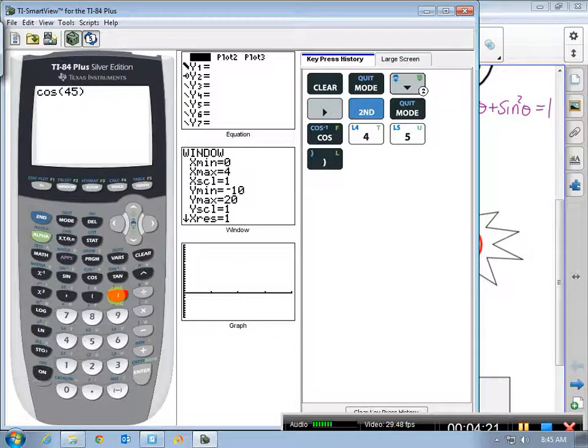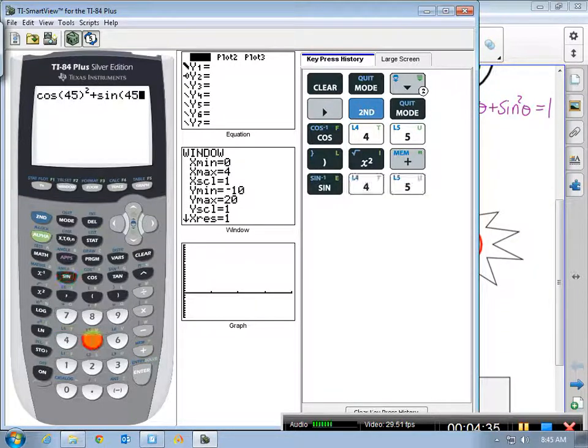Close your parentheses, and then square it. So we're doing cosine of 45, all squared, plus sine of 45 squared. Close that angle parentheses, then square it. And you should see 1. So cosine squared theta plus sine squared theta equals 1.